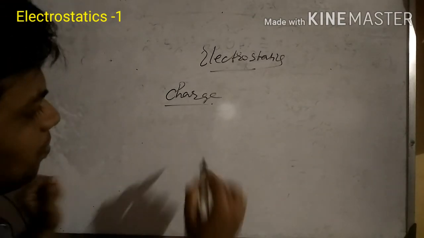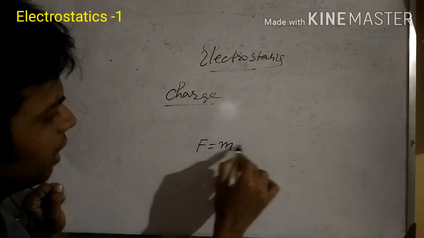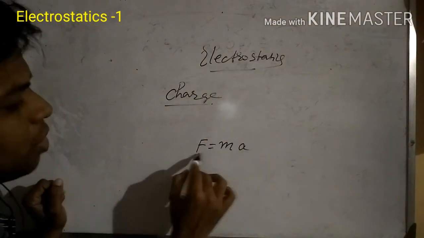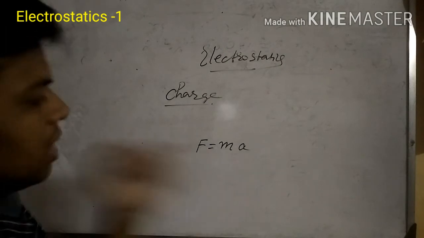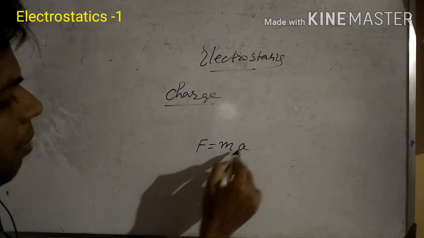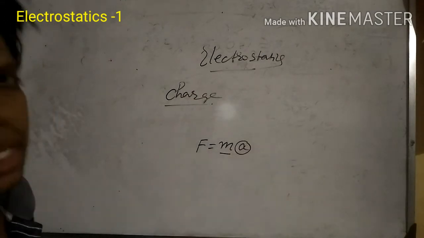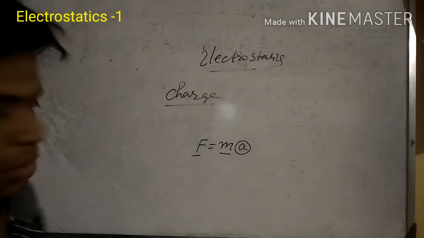If we apply a force on a mass, we get an acceleration. That is, force equals mass times acceleration. So whatever the acceleration may be, the mass times that acceleration is the force.